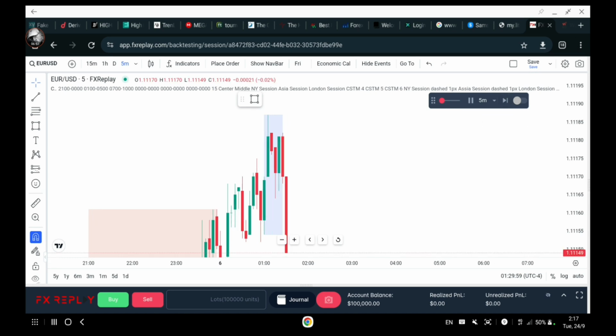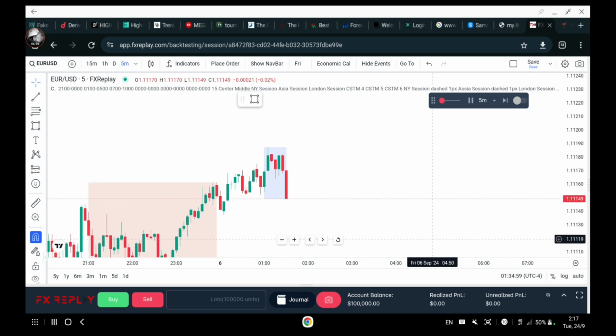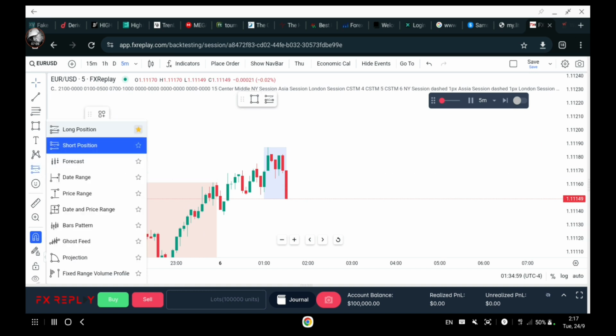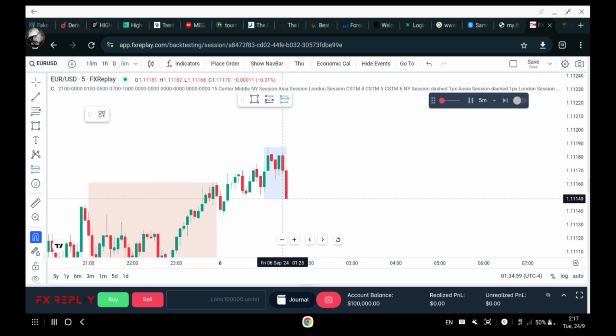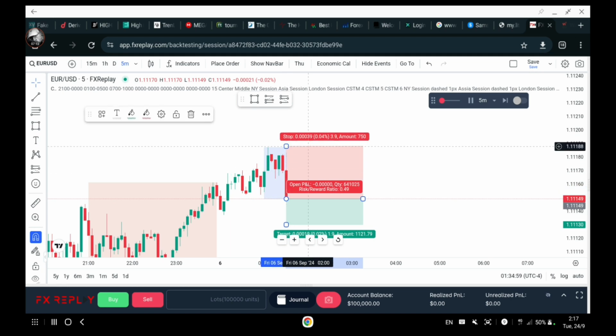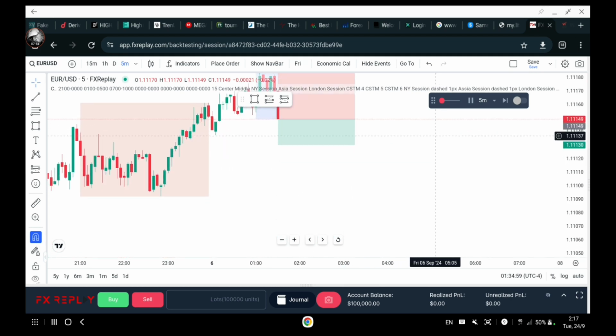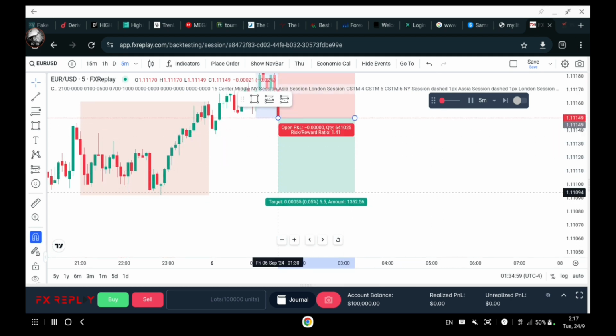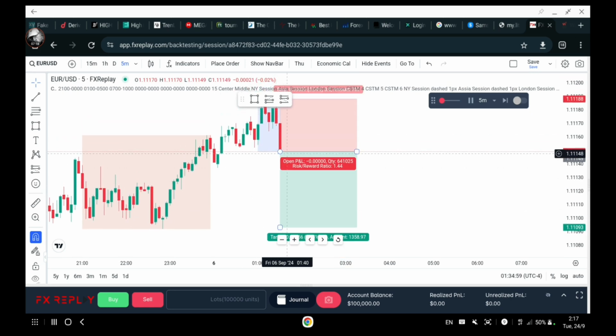So when they both get violated like that, that's when we'll execute. We execute a short position right there. Stop loss at the high, but this is really wide, I believe. Yes, it's too wide, so we'll have to execute off the 50% of this candle.